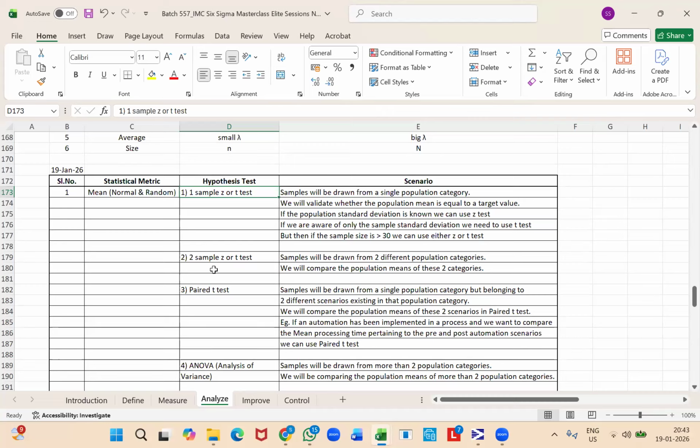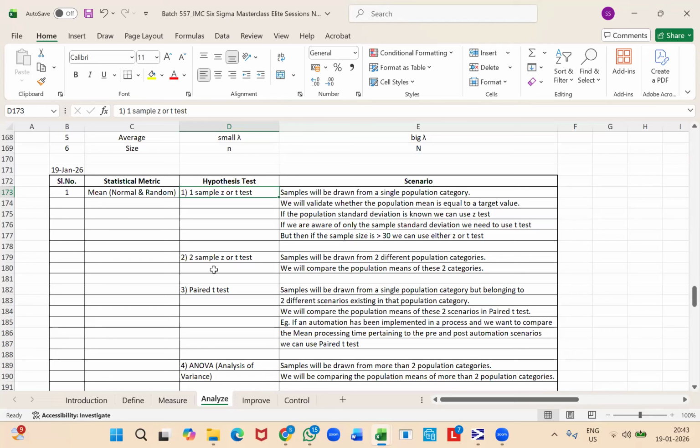So here, we will pick a few sample motorbikes pertaining to that new brand, test them, and find out the sample mean mileage provided by those bikes. And then with that sample mean mileage data, we will try to validate whether the population mean is exceeding 50 kilometers per liter or not, right? So here we are drawing samples from a single population category. What is that single population category?